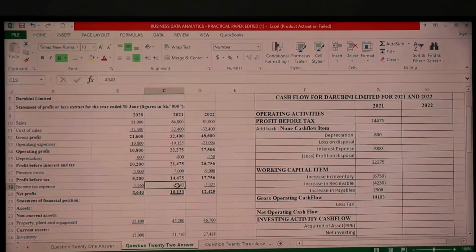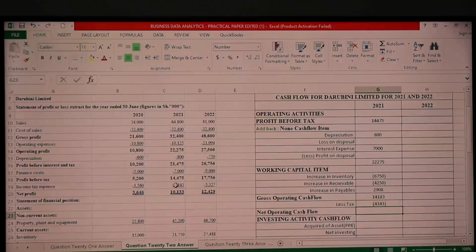So you're supposed to pick that value, and the value is actually minus. You can just pick the way it is. Just click equals to, pick that cell address so that it will give us that minus 4343. Then we will proceed to get our net operating cash flow.